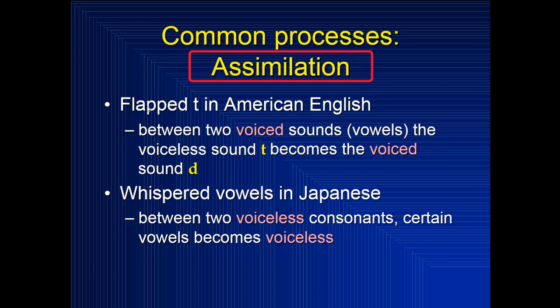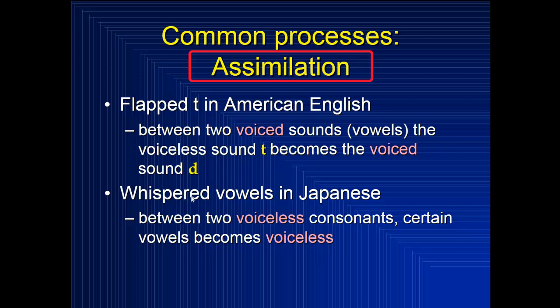Let's talk about the flapped t in American English. It can be pronounced as d between two voiced sounds or vowels. The voiceless sound t becomes the voiced sound d. Earlier, we considered the example where t can be pronounced as d.